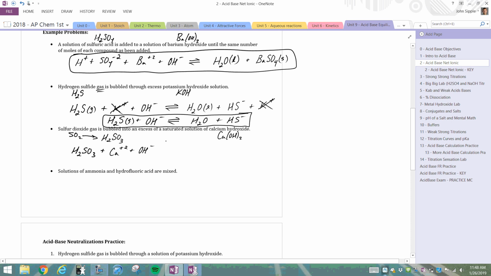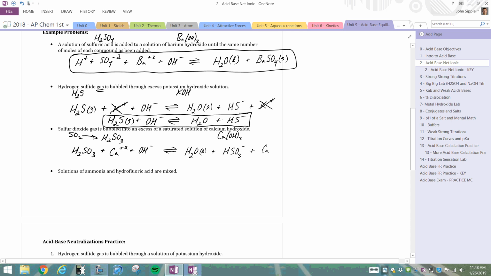OH minus. All right. We take an H off of our acid and we put it onto our acceptor, which is HOH, so H2O. So we're making water, and HSO3 minus.